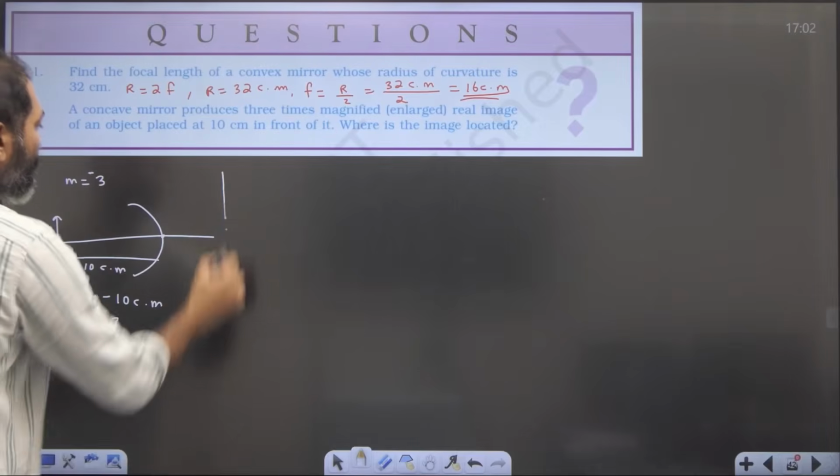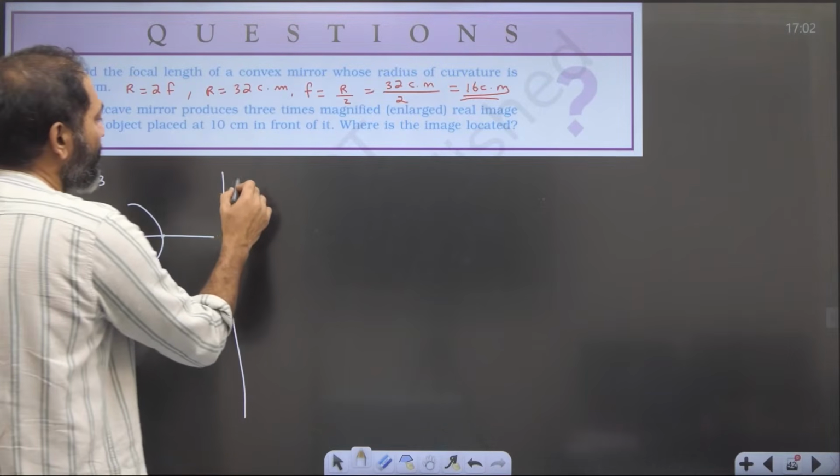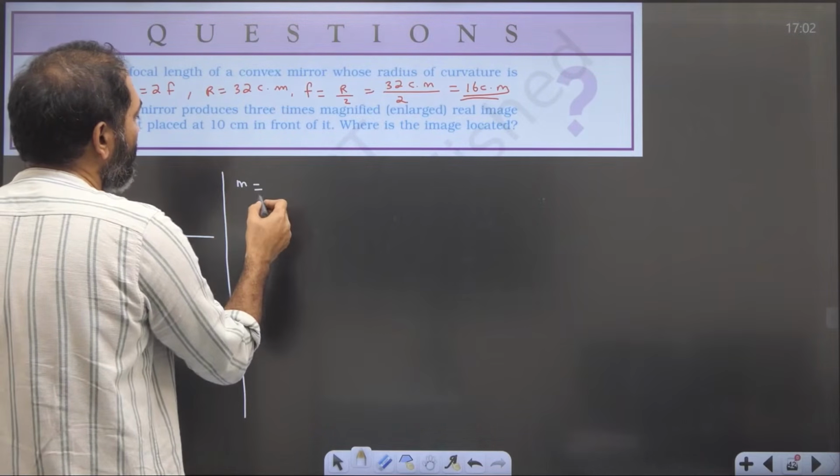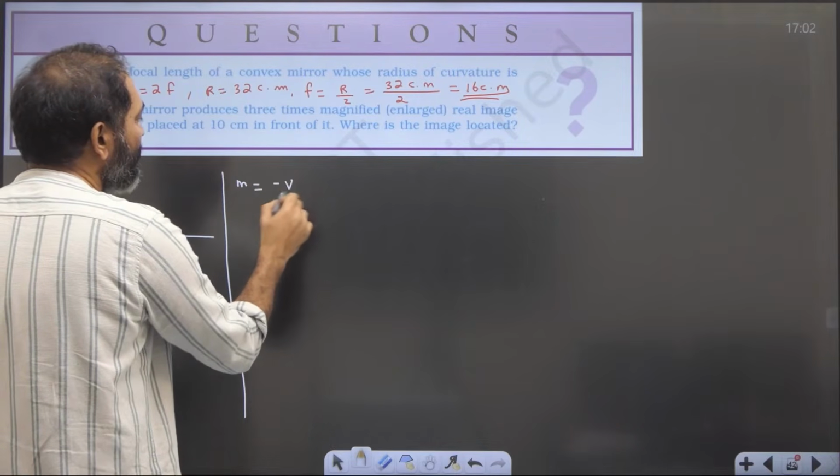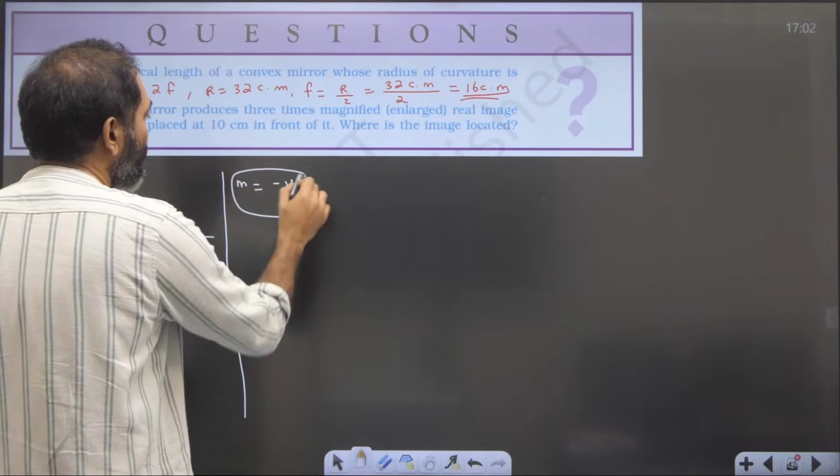Now, what is the formula for magnification? In mirrors, M equal to minus V by U. This is the standard formula for magnification.